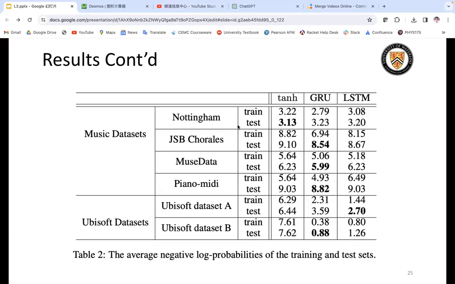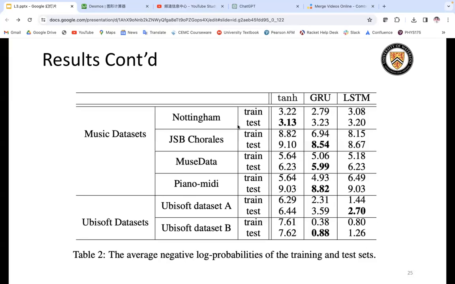And we can compare, for example, the music dataset Nottingham, where the regular RNN with tanh has the best performance, and for the remaining 3 datasets in the music part, the GRU performs best. You can see that the performance is quite similar for these 3 types. However, if we look at a more complicated dataset, which is speech signal modeling, the Ubisoft datasets, for example, in the Ubisoft dataset A, LSTM achieved a performance of 2.70, which is much lower than the regular RNN, which has 6.44.